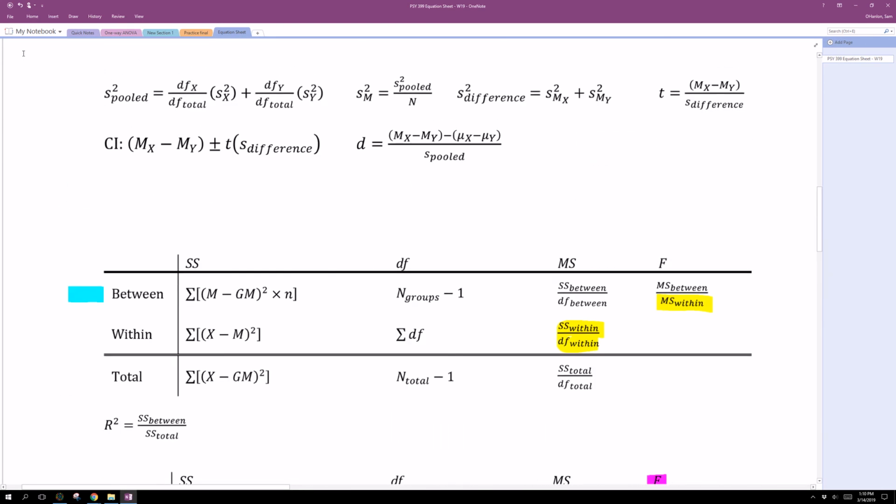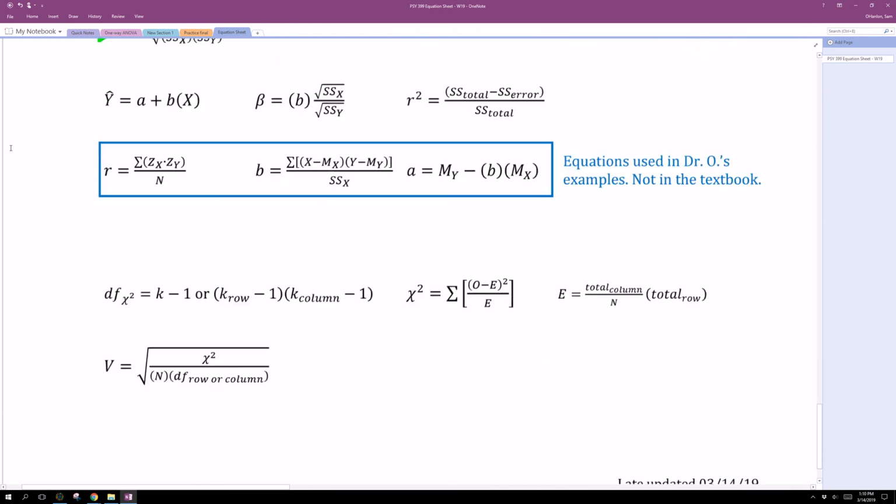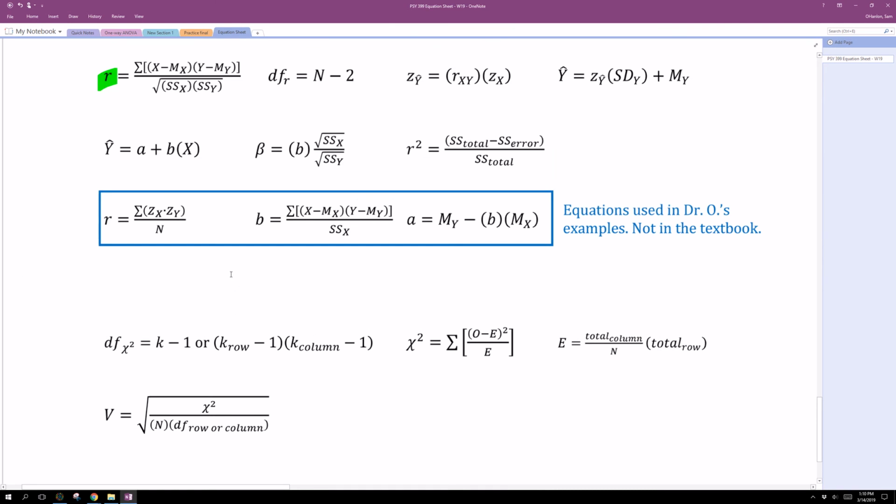The thing that divides the participants into groups is a categorical independent variable. For example, a treatment group and a control group. With correlation, you do not have groups. Rather, you have two scores for each participant, their score on variable x and their score on variable y. And you're looking for a relationship between those two scores.